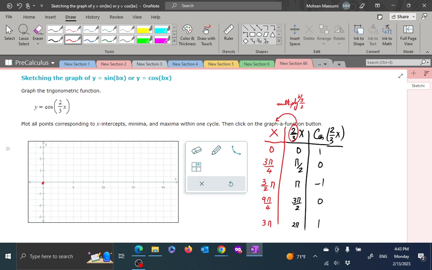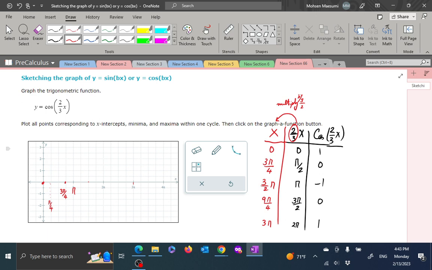Now locate these things. 0, well, that's easy. 3 pi over 4. If this is 3 pi, a fourth of that: this is half of it, and a fourth of it will be here. This is 3 pi over 4. Or think about it like this. If this is pi, so this is obviously pi, this is one of these blocks. What is that? That's pi over 4.